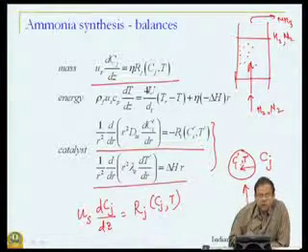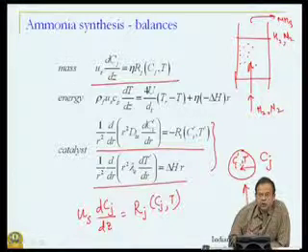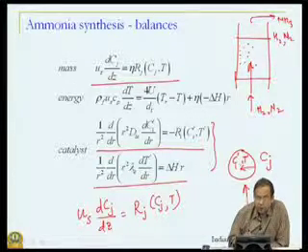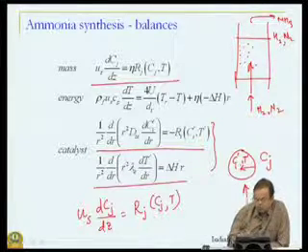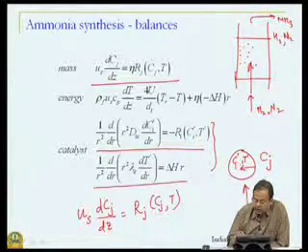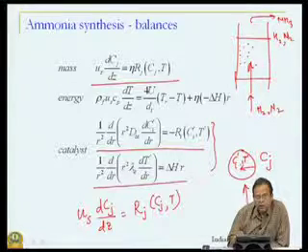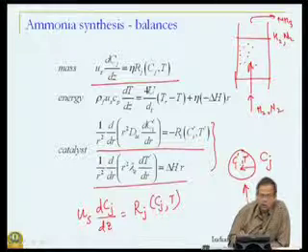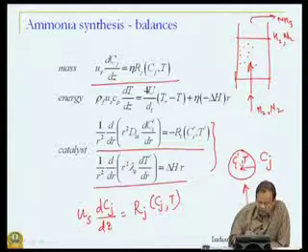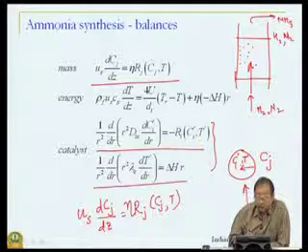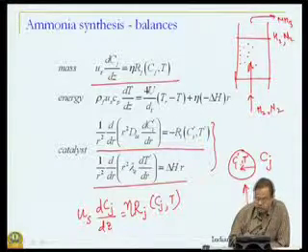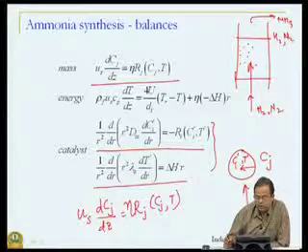This would have been the case if the reaction was taking place in the bulk, or at least at the bulk conditions. But the reaction is taking place at concentrations Ci prime and T prime, and that is where we bring in the concept of effectiveness factor, and we say that the reaction rate is actually eta times Rj of Cj and T, and that is the mass balance.